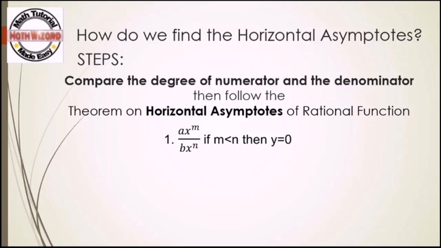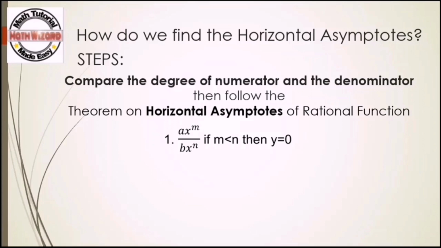Those are the exponents of the degrees. So if m is less than n, then y is equal to 0. Sabi natin, kapag ang exponent ng m ay mas maliit sa n, the horizontal asymptote is found at 0. Y is equal to 0.